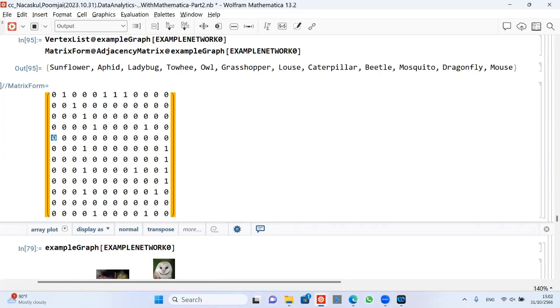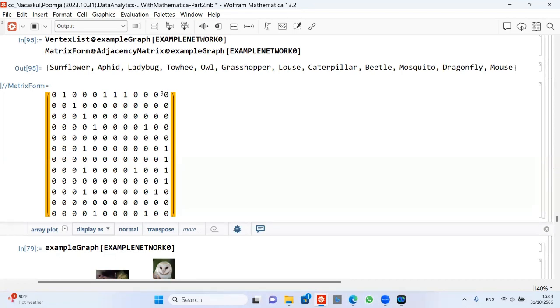Likewise, you look at the fifth row. This is information for owl. It doesn't get eaten. Okay, it doesn't get eaten. Having said that, let's look the other way around. Let's look vertically. The last vertical has to correspond to the last item.